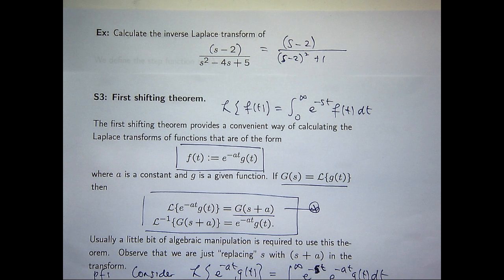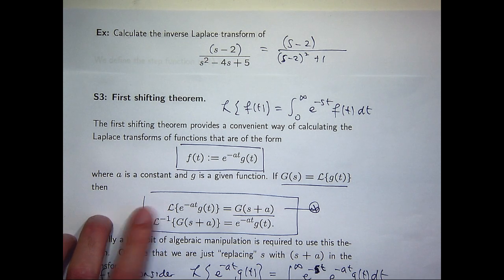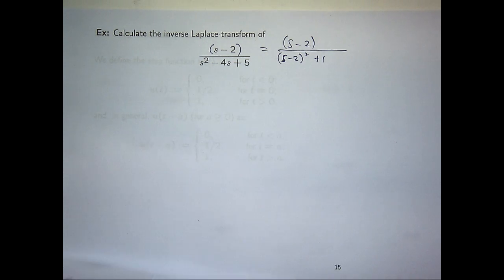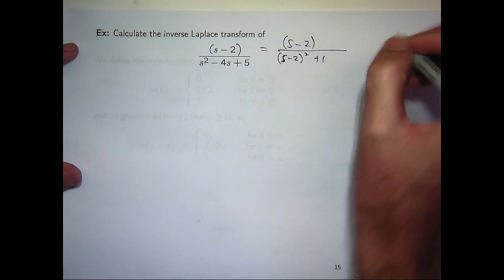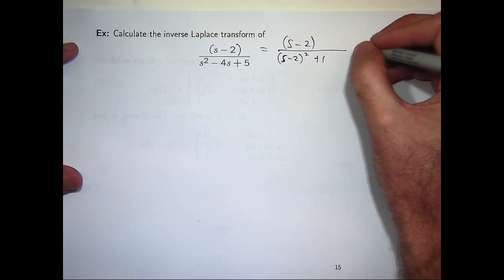Now that form depends on s minus 2 in brackets. So it's kind of like this, for a equals minus 2 and big G will be something like s on s squared plus 1. That's what I mean when you sometimes need a little bit of algebra to put it into a suitable format.